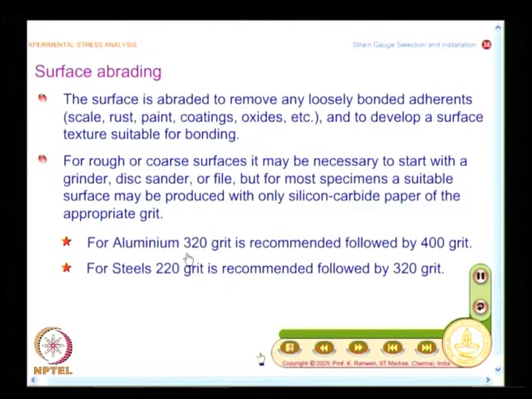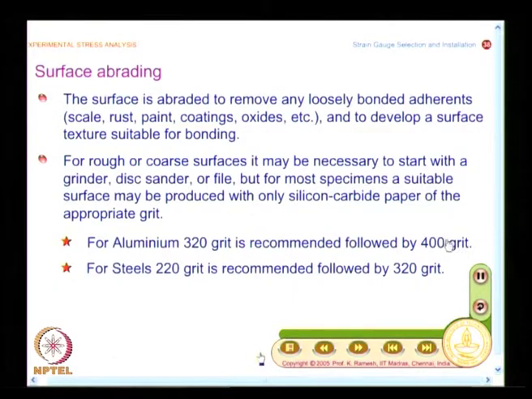See, we have already looked at this, I need to maintain a certain level of surface roughness for affecting the strain gauge bonding, and there are specific recommendations. If you go for aluminum, you have to go for a 320 grit for initial abrasion, followed by a 400 grit.